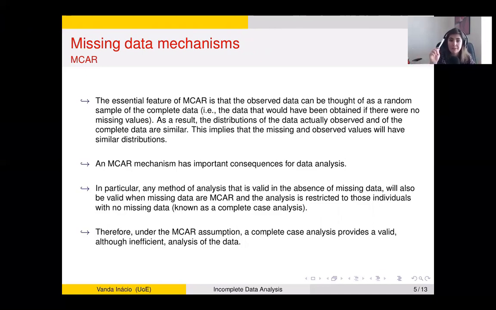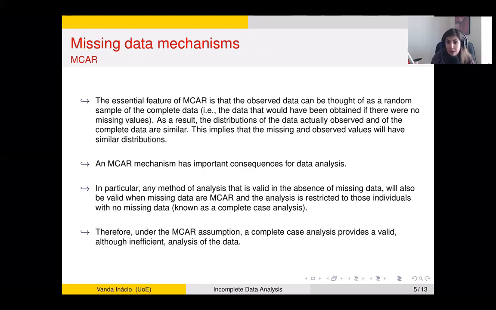are similar. An important consequence of the missing completely at random assumption is that any statistical method that is valid in the absence of missing values will also be valid when data are missing completely at random and the analysis is restricted to those individuals with complete data.